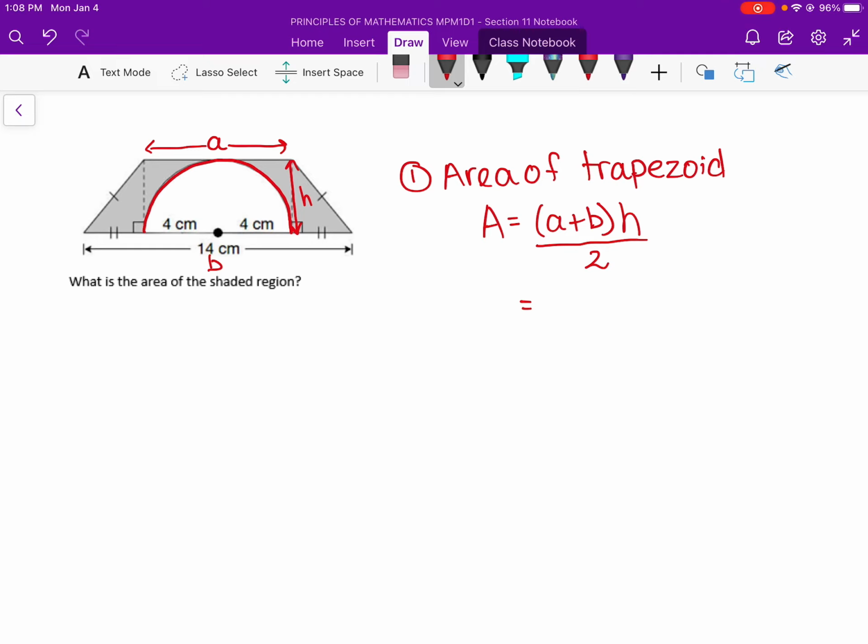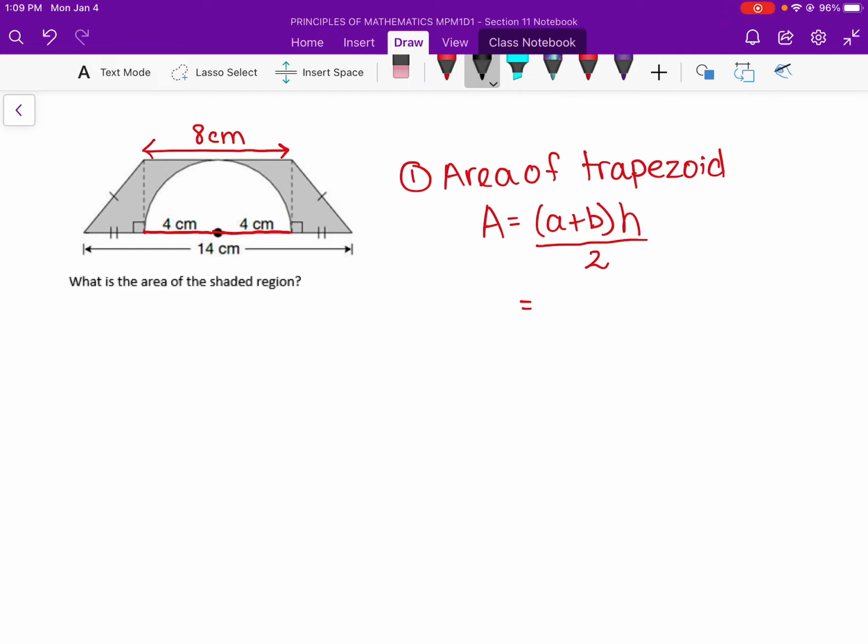So we have to figure out how long side A is. We know this is 4 and this is 4, so altogether that's 8 centimeters. That was easy.